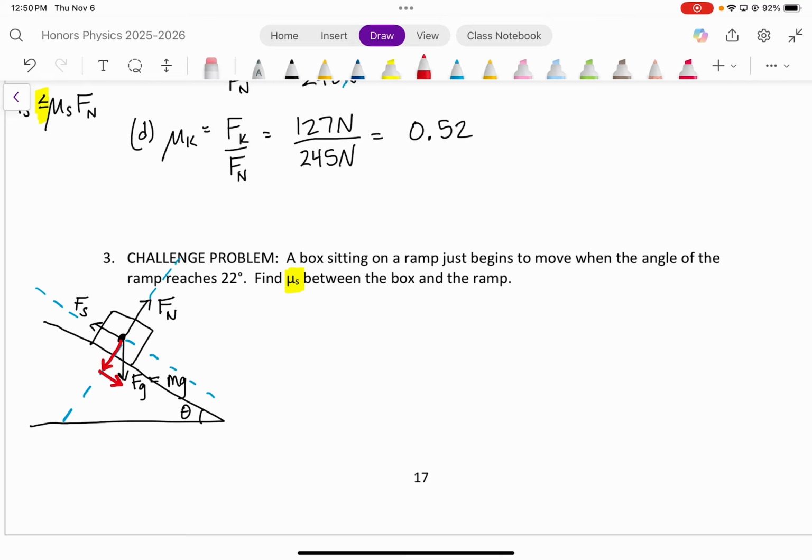Opposite. Which trig function relates the opposite side of the triangle with the hypotenuse? Sine. So the sine of this angle equals this side over the hypotenuse. So this side right here becomes mg sine theta.